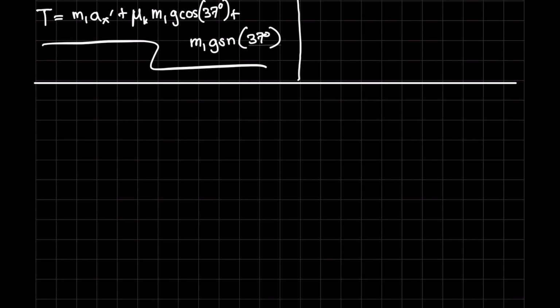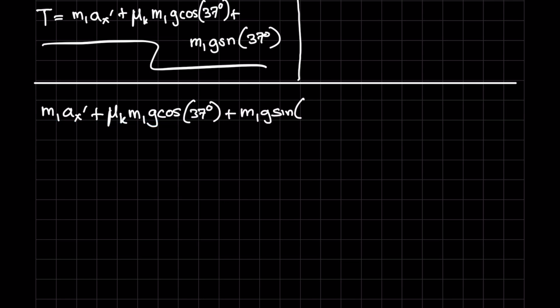And this is what it's going to look like. m1 acceleration in the x prime direction plus mu k m1 g cosine of 37 degrees plus m1 g sine of 37 degrees is equal to minus m2 ay, acceleration in the y direction, plus m2 times g.